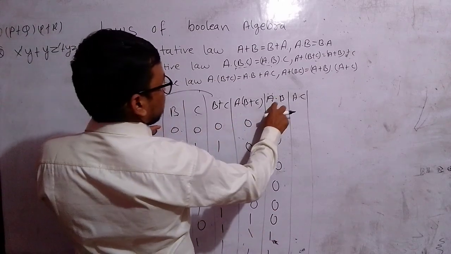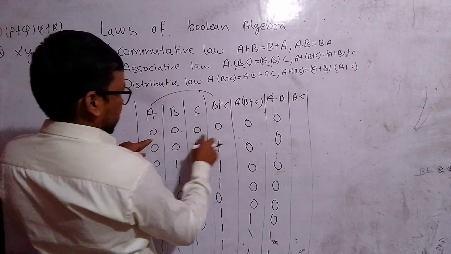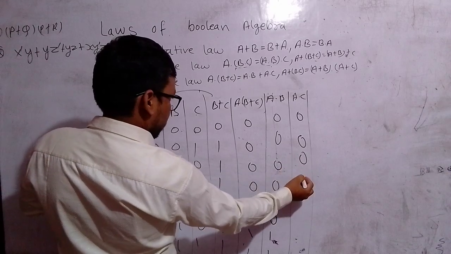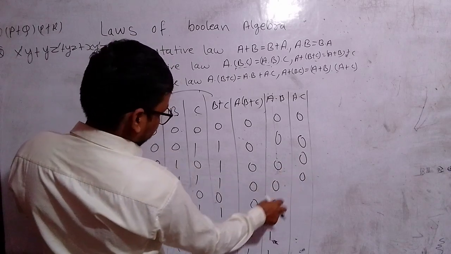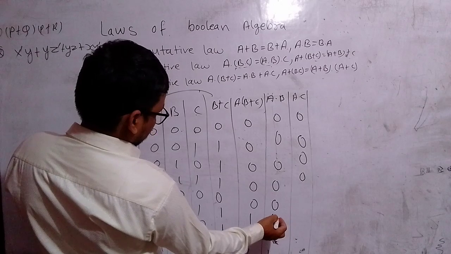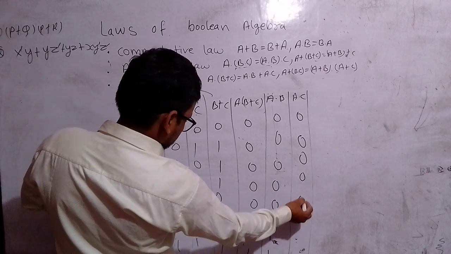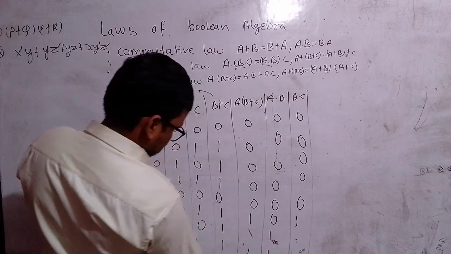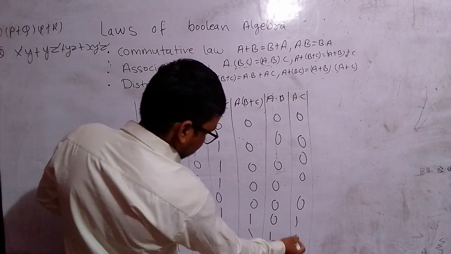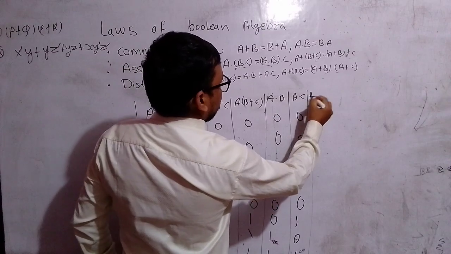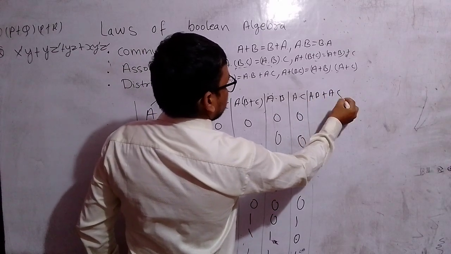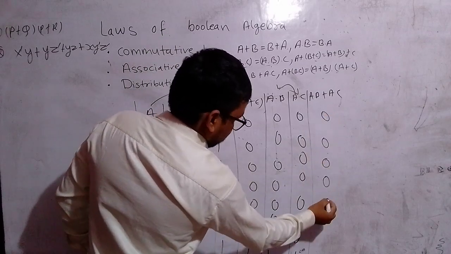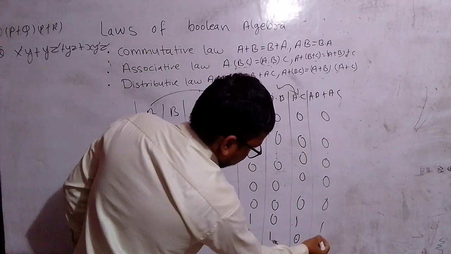And A dot C: 0, 0, 0, 0, 0, 1, 0, 1. Now AB plus AC, the sum between these two terms: 0, 0, 0, 0, 0, 1, 1, 1.